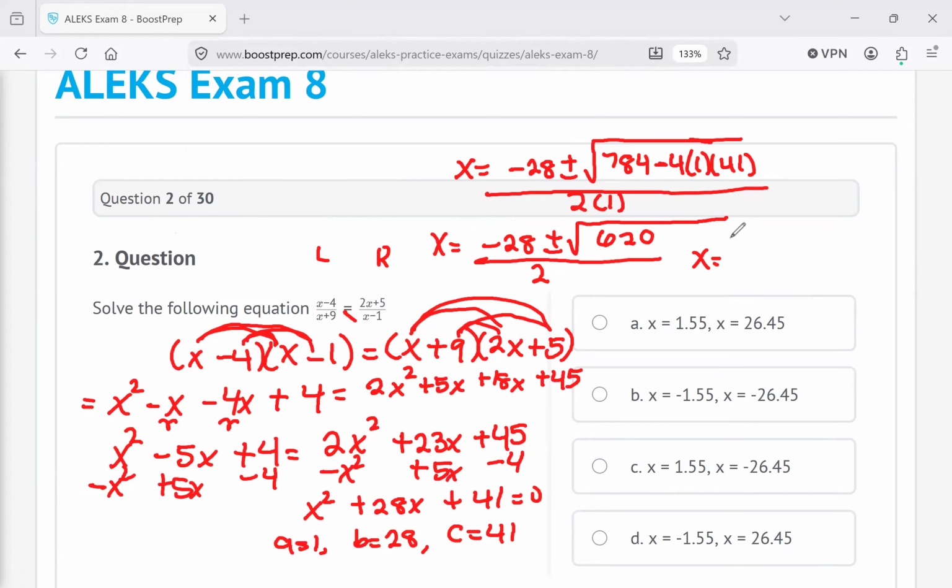So one of my x values is going to be negative 28 plus the square root of 620 all over 2, and that is about negative 1. And then the other one is negative 28 minus the square root of 620, over 2.